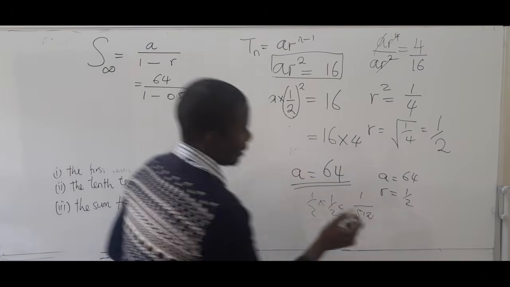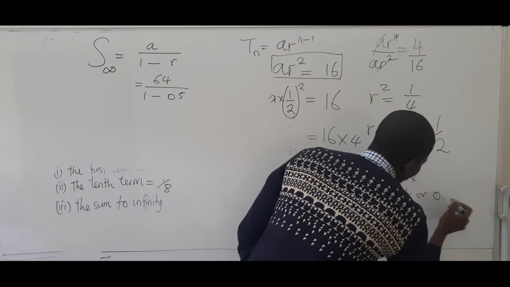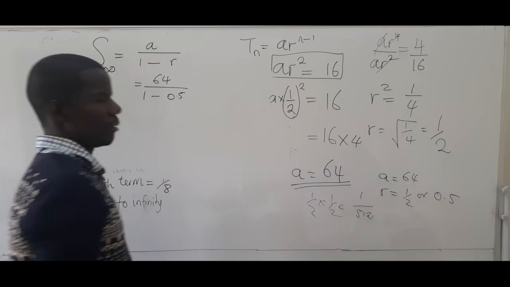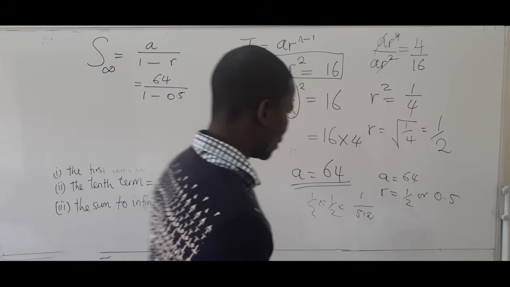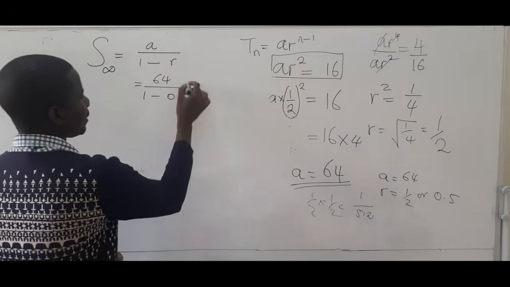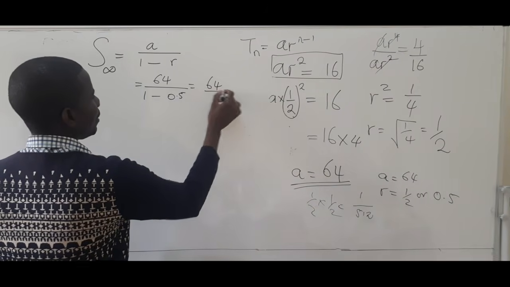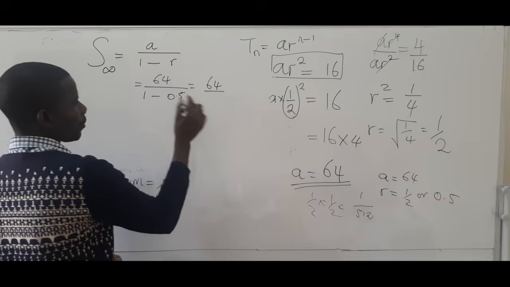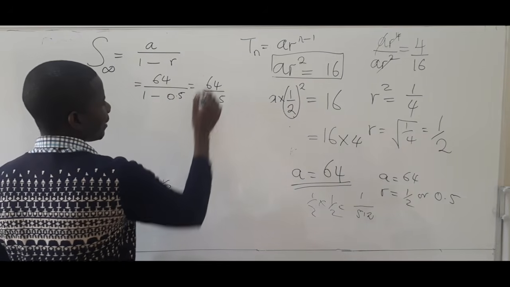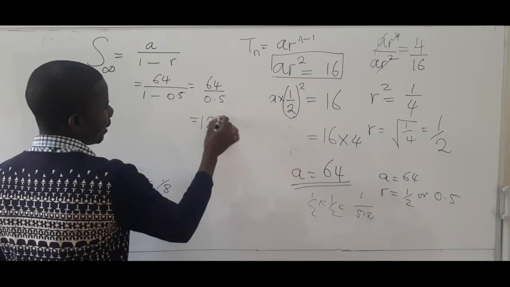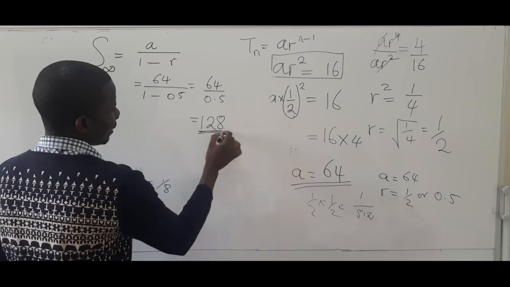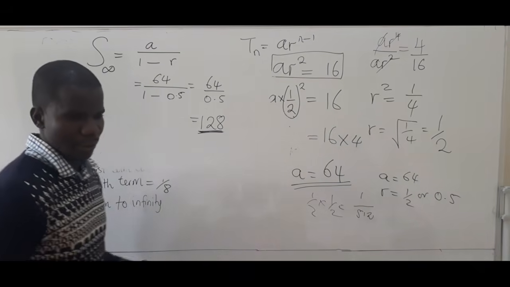This can also be 0.5, 1 over 2. Then we proceed here. This is going to give us 64 over, when you subtract 1 minus 0.5, you get 0.5. And when you divide, you're going to get 128. This is what you're supposed to get.